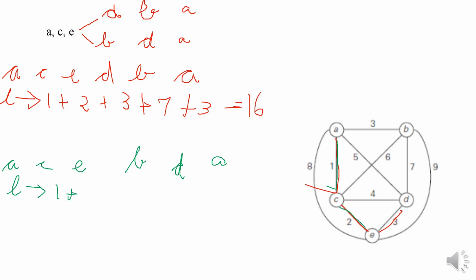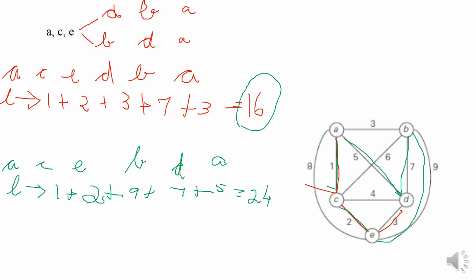So C to E is 2 plus the edge E to B. So E to B is this one with the value 9. So 9 plus B to D. B to D is 7, and then from D to A, that is 5. This value is 3 plus 9, 12, 12 plus 7, 19, 19 plus 5, this is 24. So we would get the best one as the least one, that is 16.